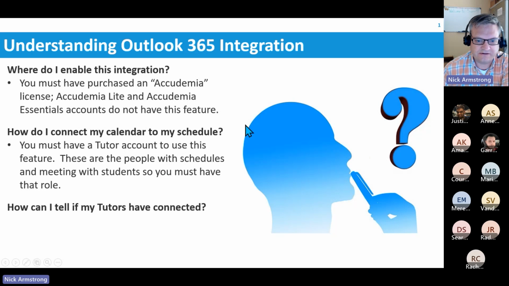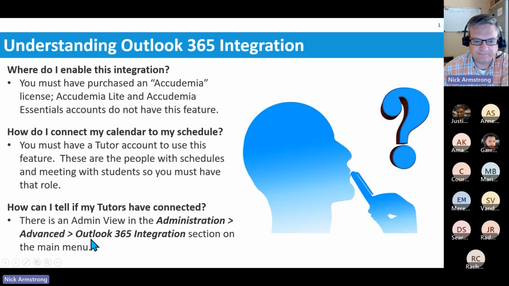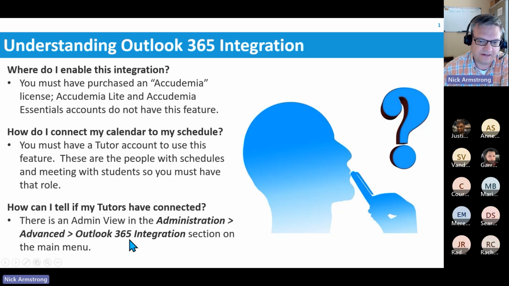Third question here is, how can I tell if my tutors have got connected? So in the system, if you're an Accudemia admin with access to your advanced options, usually college or center admins should have this, under administration advanced, there's that Outlook 365 integration on the main menu, and we'll go in there and I'm going to actually show this in a second.